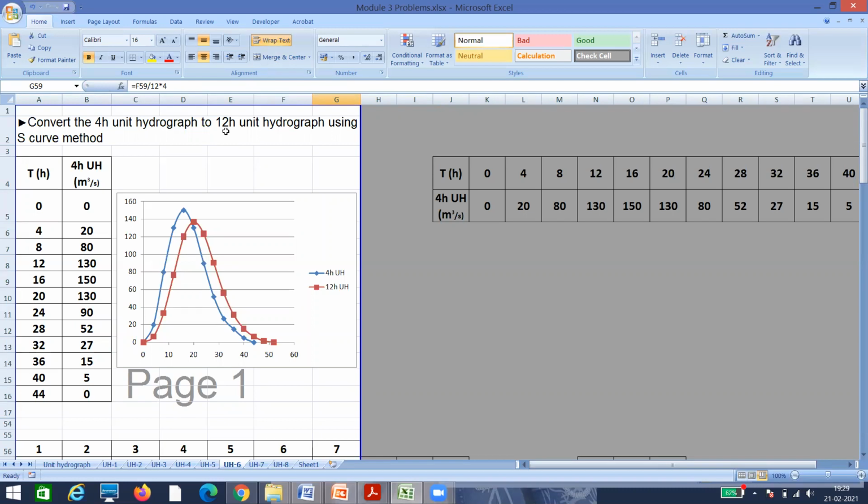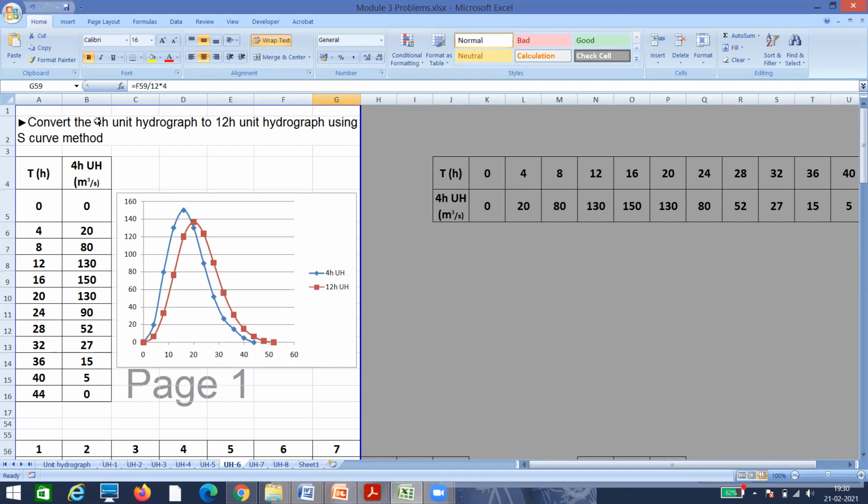When I say 4-hour unit hydrograph, my 1 centimeter of rainfall is occurring for 4 hours. When converting to a 12-hour unit hydrograph, that same 1 centimeter is happening for 12 hours. So generally, when we have an increase in time, my graph will come down because 1 centimeter of rainfall is constant. One is for 4-hour duration, the other is for 12-hour duration.